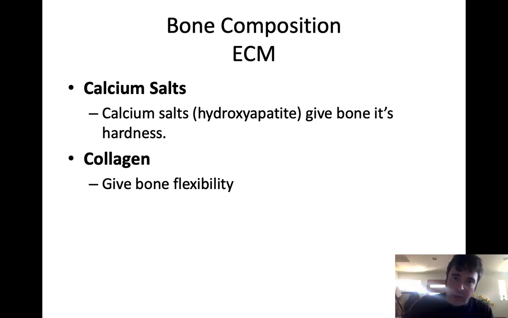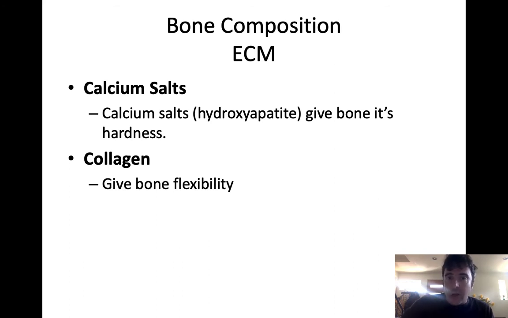Collagen fibers, on the other hand, give bone flexibility. Now, in order to synthesize collagen, you need vitamin C. Vitamin C serves a variety of roles in a bunch of different enzymatic and metabolic pathways. One of those pathways is the synthesis of collagen.